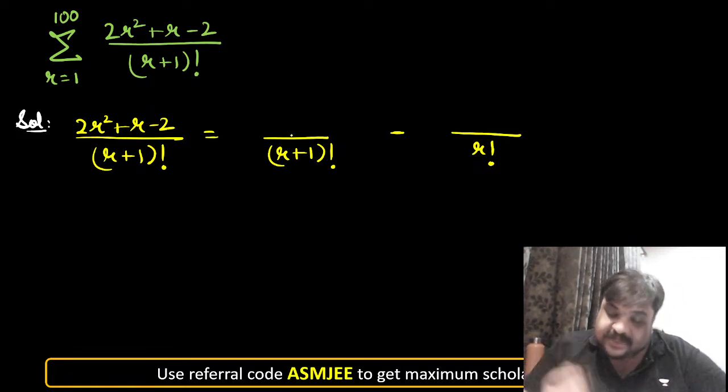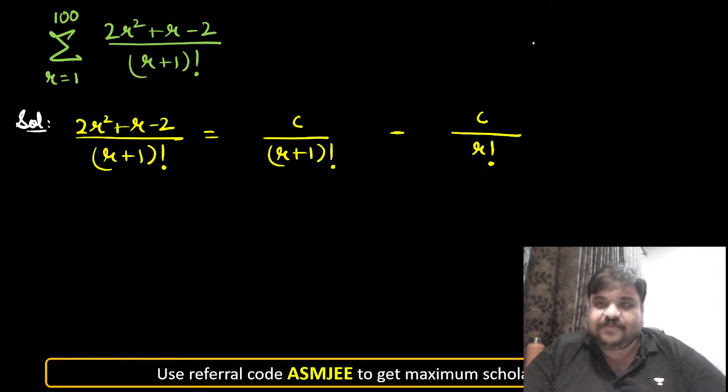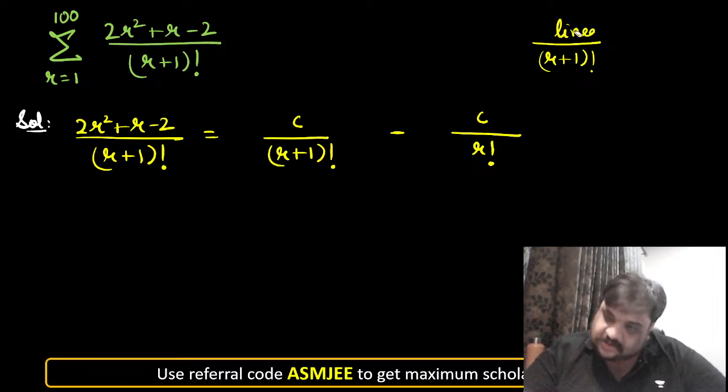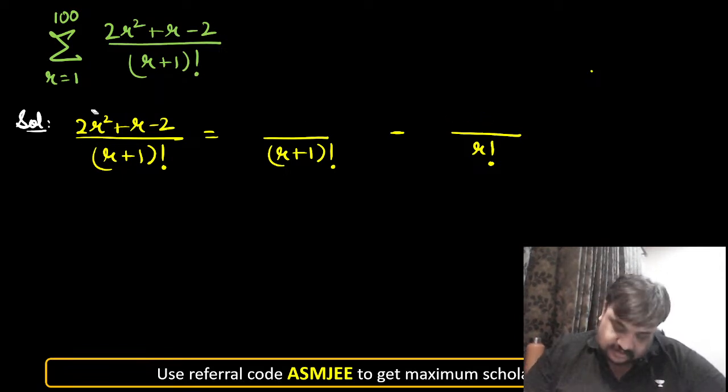Okay. So now numerator can be a constant also. If we have a constant, then what will happen in the LCM? You will get r plus 1 factorial and you will get a linear upper if you take a constant here. You need a quadratic upper.